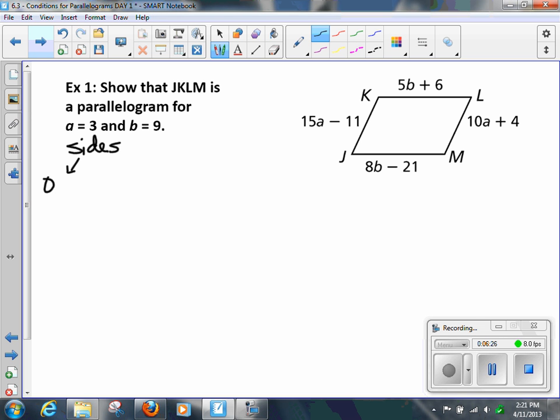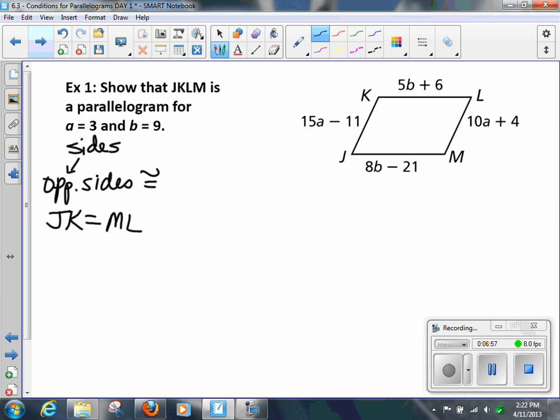What's congruent? Sides are never equal to 180. The opposite sides are congruent. They're equal to each other, right? So can I say that JK is equal to what? ML.